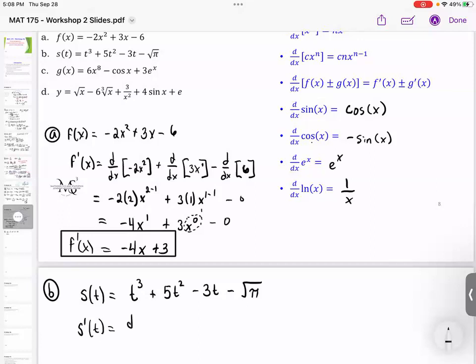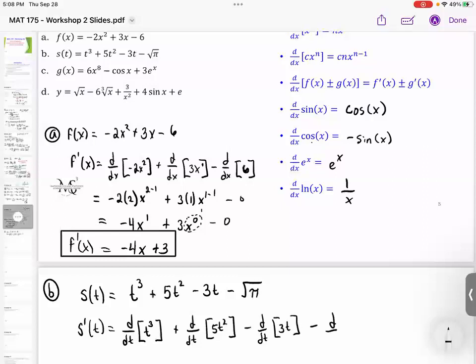So we say d dt of t to the third power plus d dt of 5t squared minus d dt of 3t, and then lastly minus the derivative with respect to t of the square root of pi.